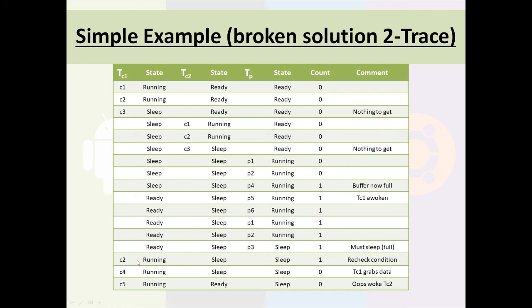It finds that the buffer is full based on this count variable. It then consumes a value at C4, so it grabs data.